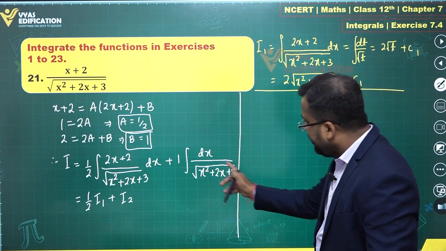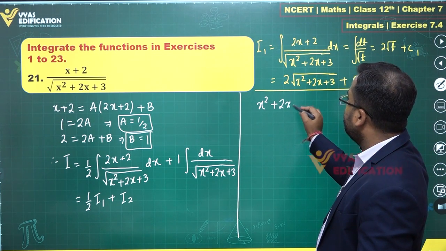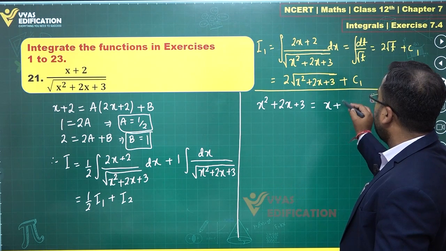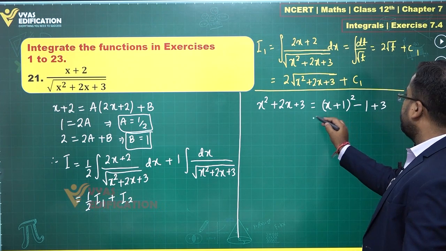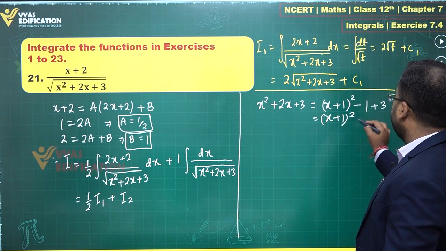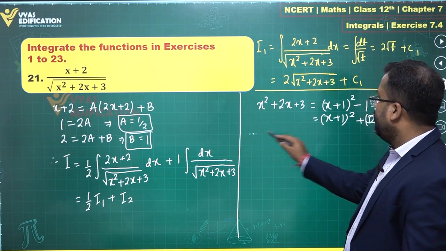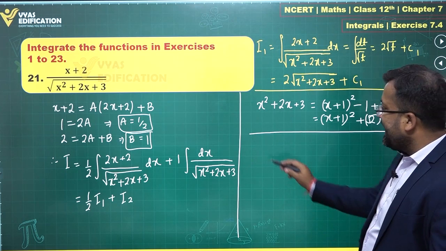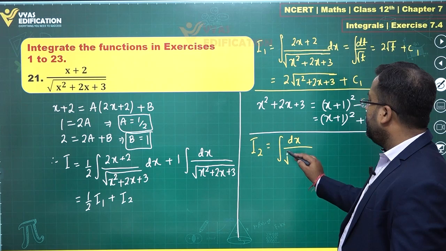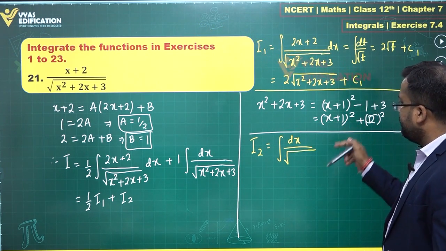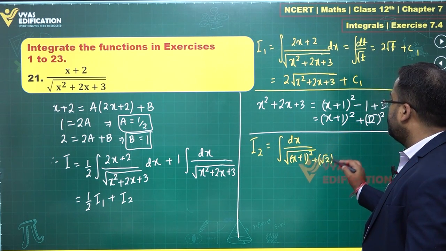After that, I need to solve this I2 as well. And for solving I2, I need to write this as a perfect square. This is root quadratic, right? So x square plus 2x plus 3 can be written as (x plus 1) square, x plus half of this, minus 1 plus 3, which becomes (x plus 1) square plus 2, which is actually (root 2) square. Then I2 can easily be written as the integral of dx upon under root of (x plus 1) whole square plus (root 2) square.